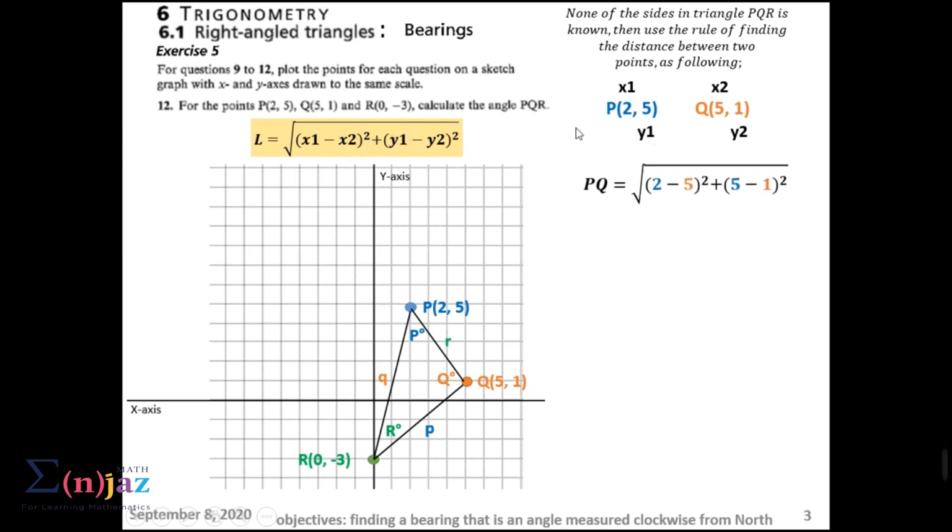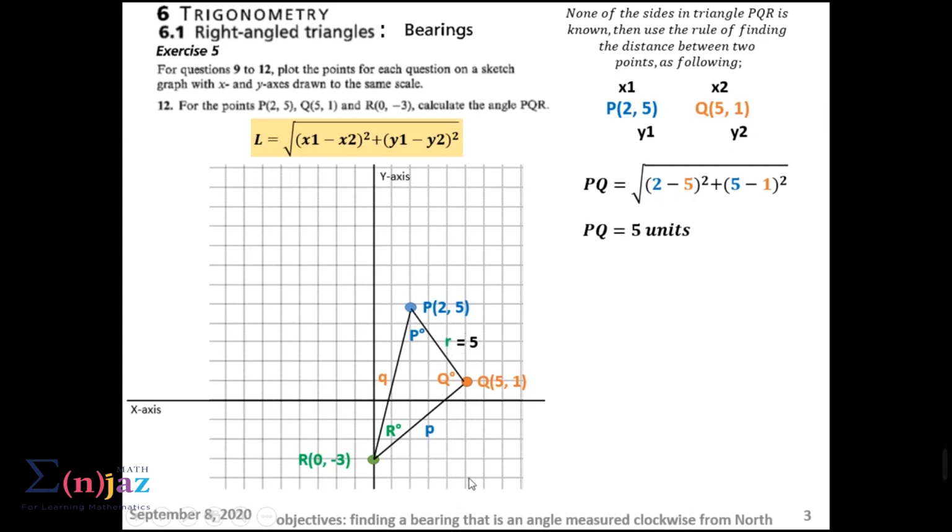So we're finding PQ is equal to the square root of the difference of the x, 2 minus 5 all to the power of 2, plus the difference of the y, 5 minus 1 all to the power of 2. This is ready to be inserted in the calculator. So PQ is equal to 5 units. PQ is basically the small r. So small r is equal to 5 units.